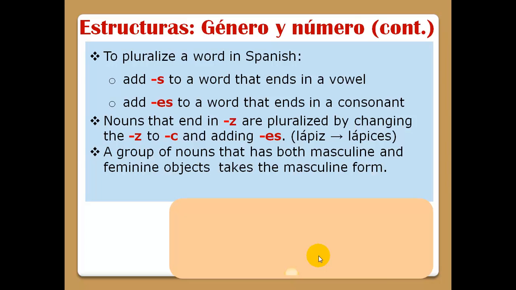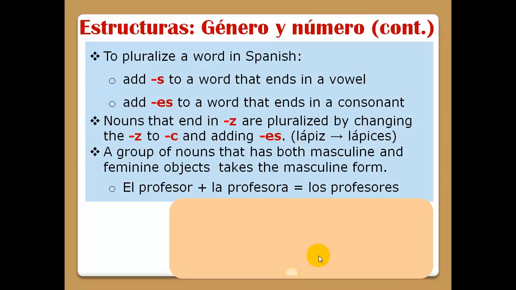So what this means is if you have a group of boys, we'll call those los muchachos. If you have a group of girls, we'll call those las muchachas. If you have a group of boys and girls together, we'll use the masculine form, so we'll call them los muchachos. Even if you have 30 girls and 1 boy, we still need to call them los muchachos because of the 1 boy.